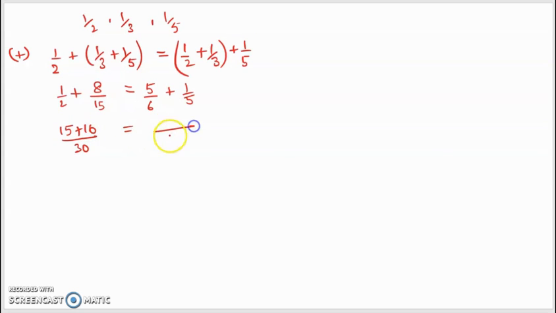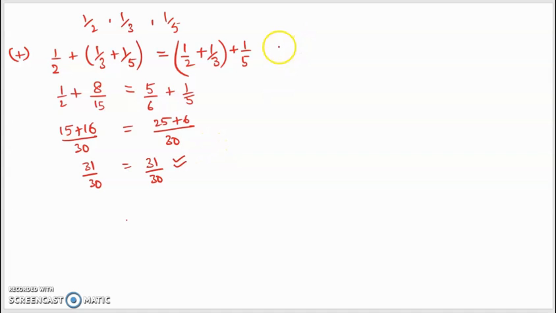On RHS the LCM is again 30, and the numerator is 15 plus 16. So on LHS you get 25 plus 6 is 31 by 30, and 15 plus 16 by 30 is again 31 by 30. So you see clearly that yes, for addition the rational numbers follow the associative property.